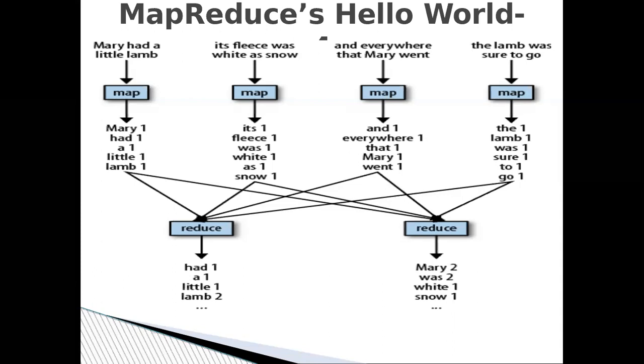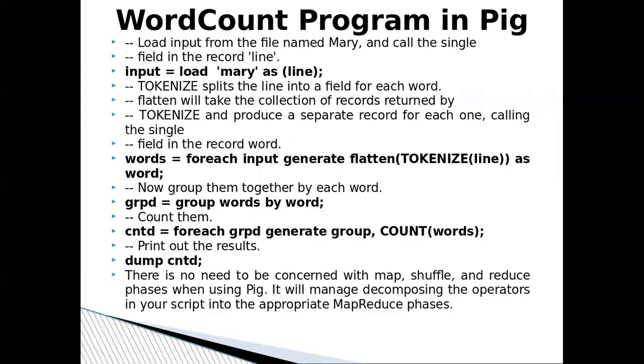So the shuffle phase does this. All the words which begin with A to L go to reducer 1 for summary, and all the words which begin from M to Z go to reducer 2. And this will then give you the output that which word occurs how many times.